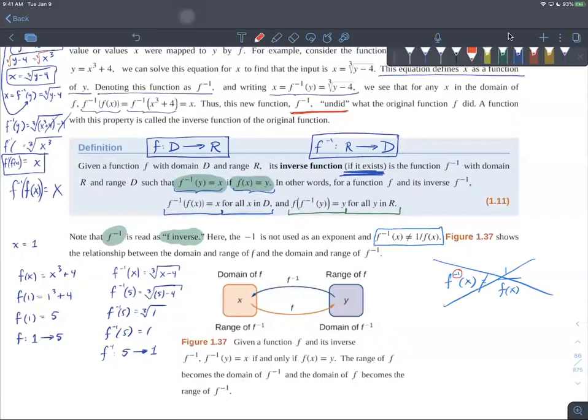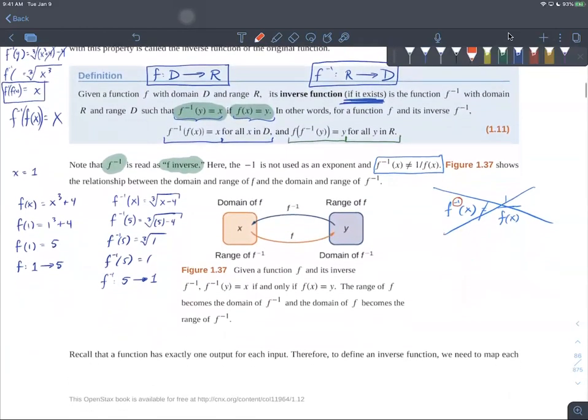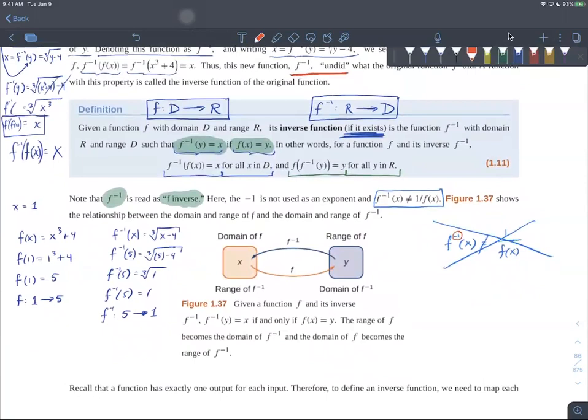Figure 1.37 shows the relationship between the domain and range of f and the domain and range of f inverse. We'll see this in some later examples, I believe. But we can see that 1 was mapped to 5 by f.